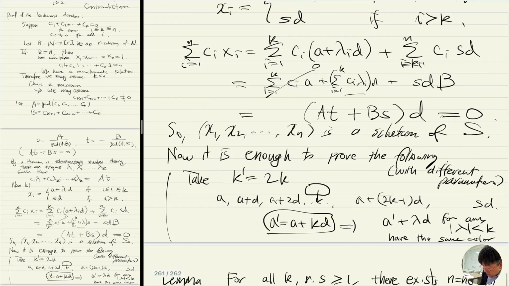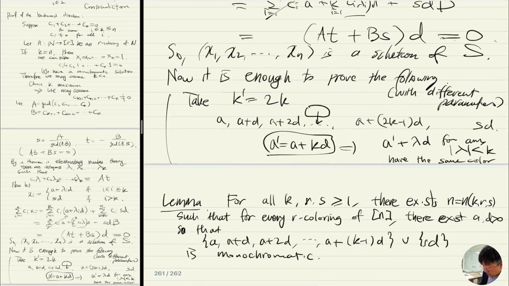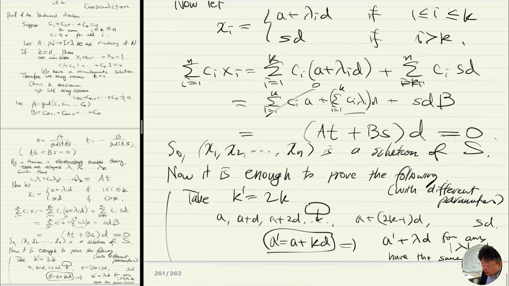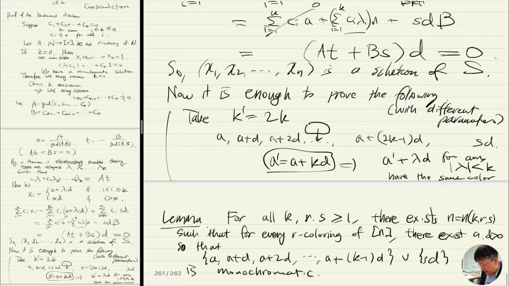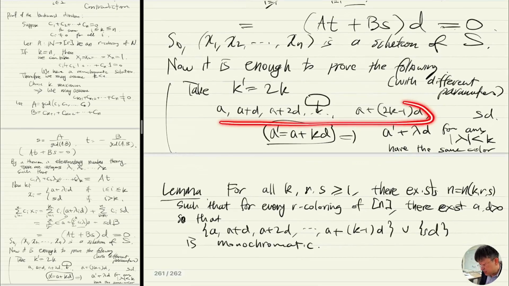And that's how we're going to set up this lemma. When we apply this lemma, we choose this k to be bigger than twice the maximum lambda i, maybe twice the maximum lambda i plus 1, let's say. Then we find the arithmetic progression together with the property that s times d has the same color.